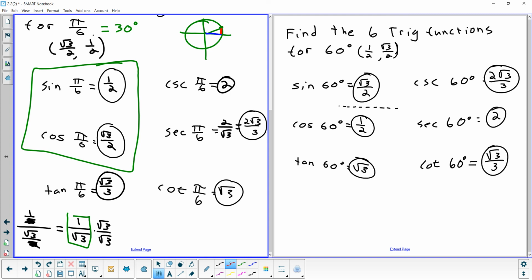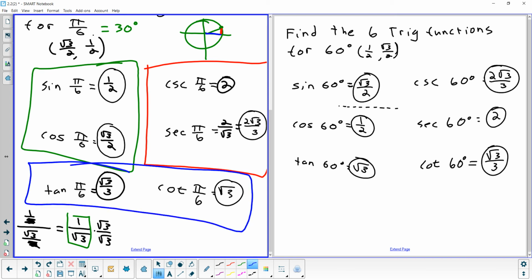Do you remember what those are? Anyone remind me what CSC is? Yep, Autumn. Cosecant. And SEC? Secant. These 2 answers switch places. And then these 2 answers switch places. So the ones that I put boxes around, if you look at the functions that switched, they're actually spelled very similar.